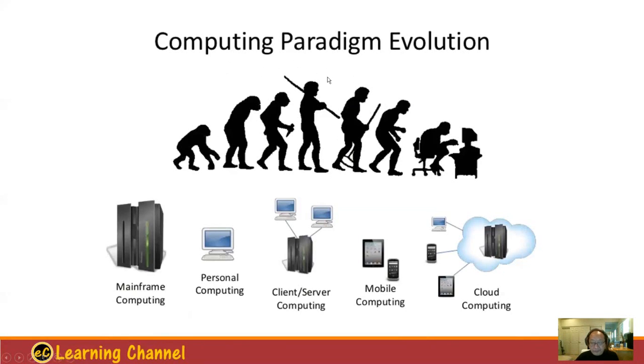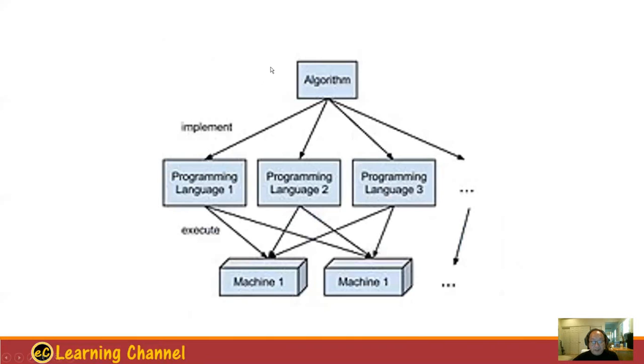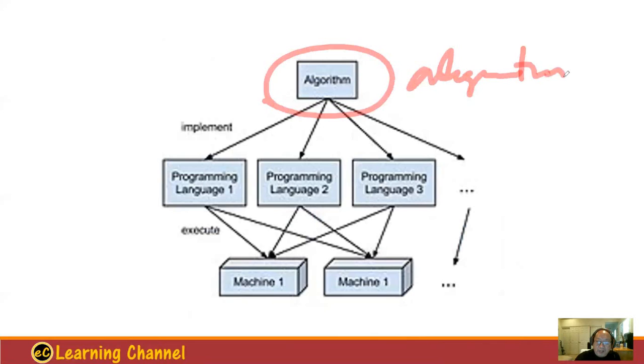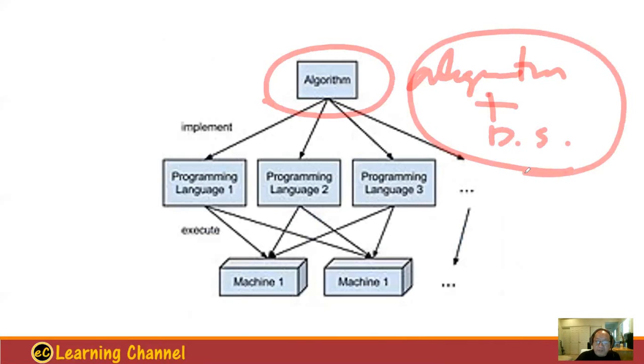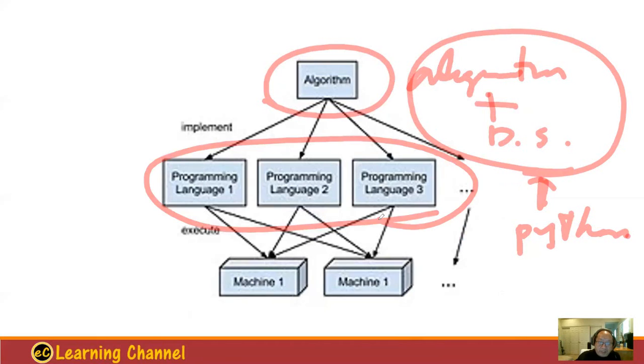computing paradigms. So here, an algorithm can be developed and implemented in different programming languages, and that will target different machines, basically writing different programs on that machine. So this part is the algorithm that you actually study, and then the algorithm will include data structures. And this is the topic we are talking about here, using Python in this course to study. And then you may be able to port that same solution, even though starting from Python.